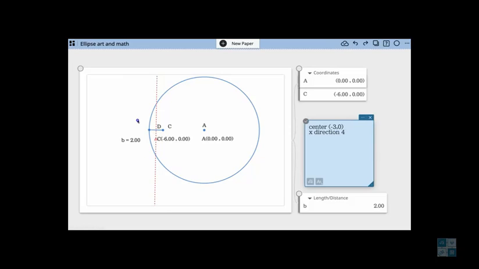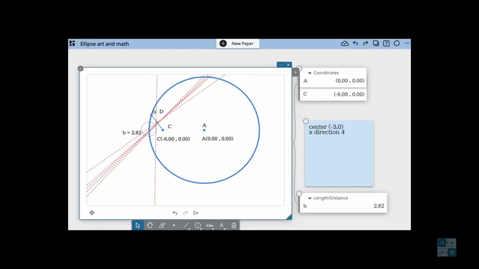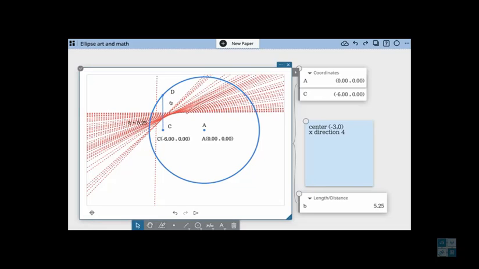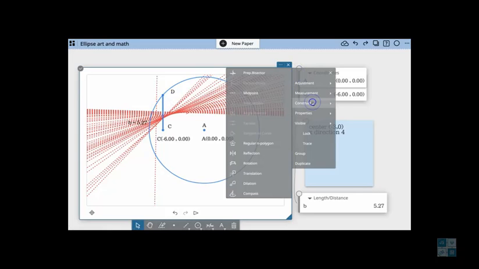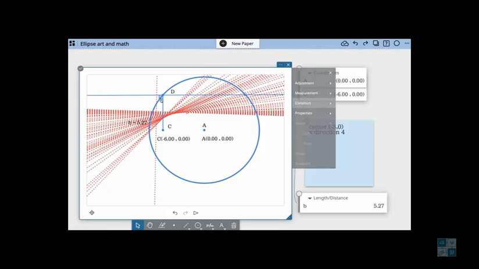Now I want to know how high up and down I go. So the highest I'm going to go is up here somewhere, and that's where it's going to be perpendicular. So what I'm going to do is create a perpendicular. I'm going to select CD, construct a perpendicular. I've got to select the point D, construct perpendicular. There's my nice little perpendicular mark.